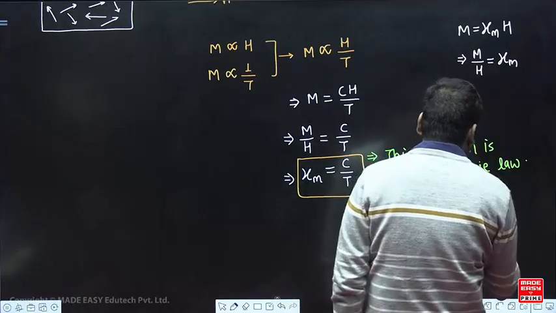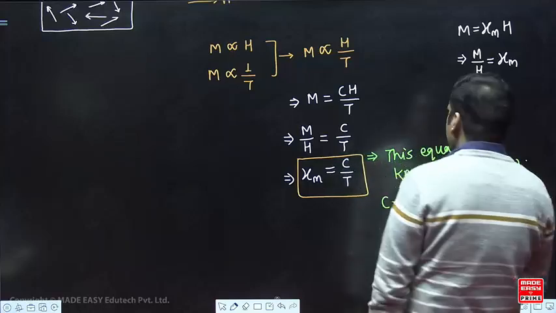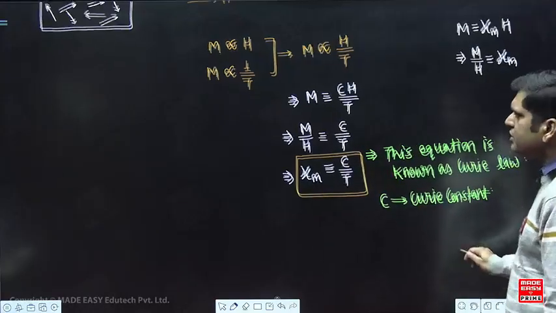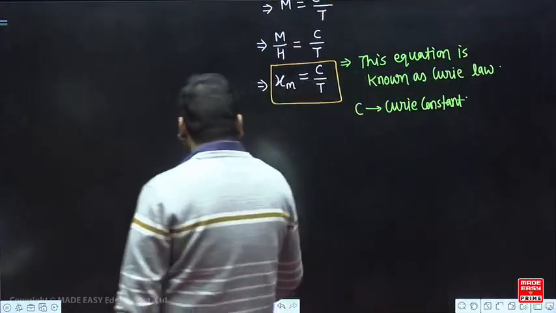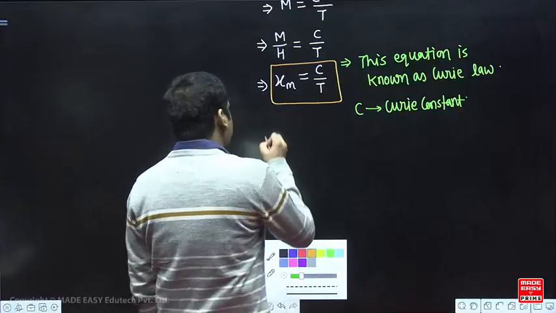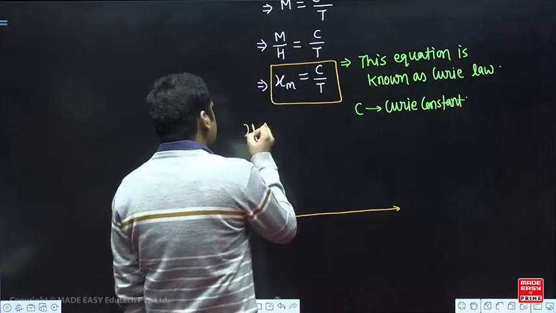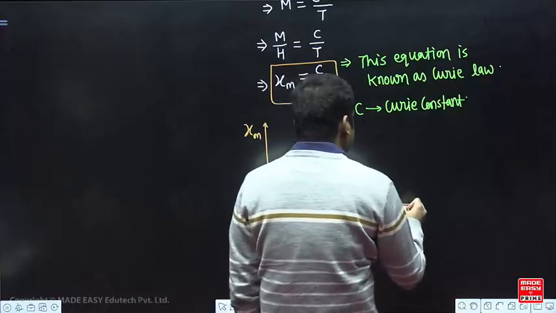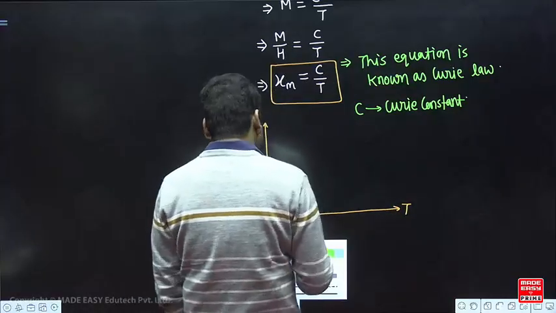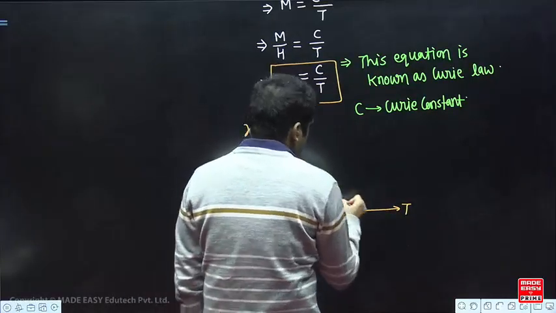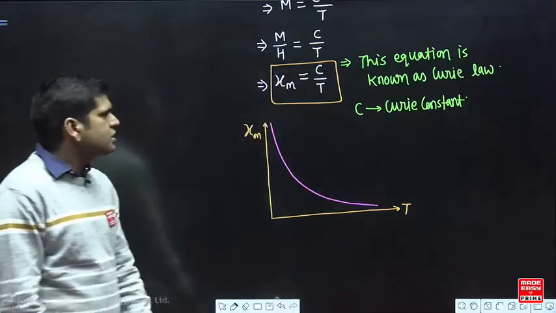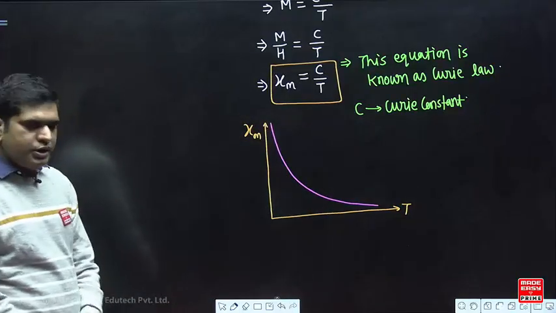This law relates susceptibility versus temperature for a paramagnetic material. For a paramagnetic material, if temperature is increasing, the susceptibility is decreasing, and the relationship is something like this. So, this is the implication of this Curie law.